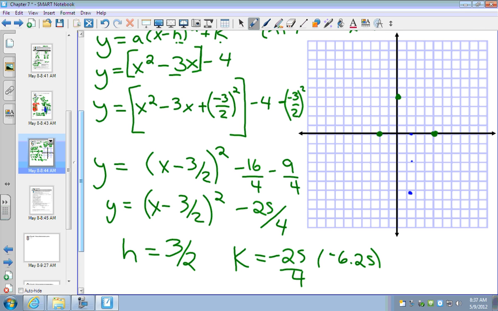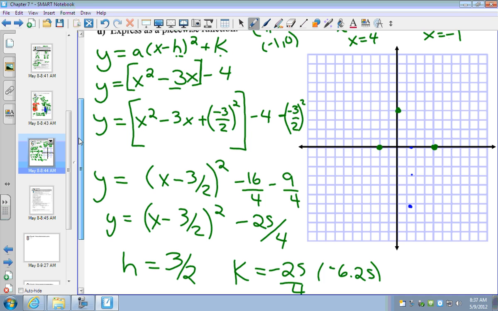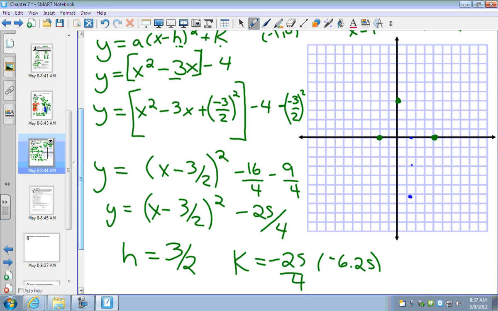Let's think about this. Is this concave up or concave down? Because our a value, our value in front, is a 1, that means it opens up. So the original graph is going to be a parabola opening up and looks something like that. Okay? But remember, we're doing the absolute value. So the parts that we don't like are all of these parts right here.